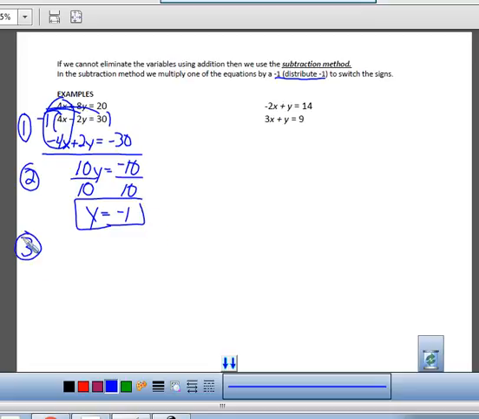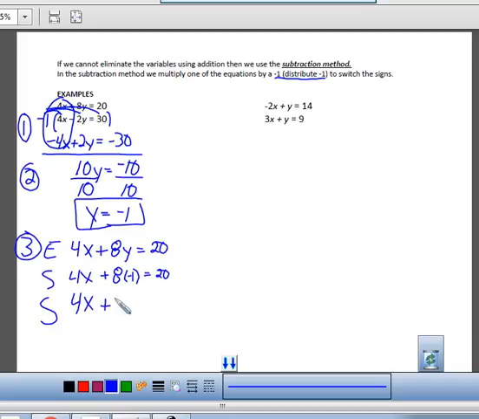Step 3, now that I know what y is, I'm going to find what x is. I'll use the first equation, 4x plus 8y equals 20. Substitute negative 1 in for y, so 4x plus 8 times negative 1 equals 20. 8 times negative 1 is negative 8. I'm adding negative 8, that's the same as subtracting 8.